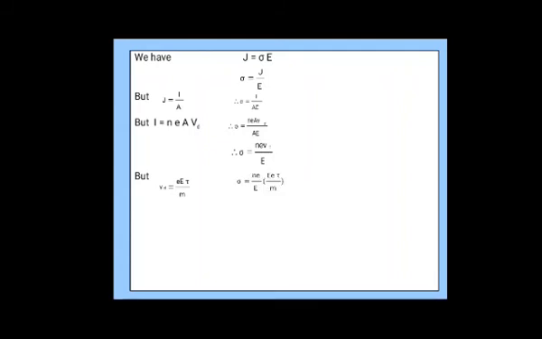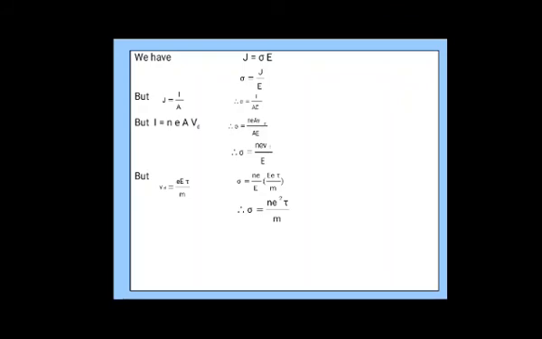So if you substitute, you will get sigma is equal to ne divided by capital E, and instead of Vd you write eE tau divided by m. Here similar terms are there. Let us multiply it and write sigma is equal to ne square tau divided by m. Here capital E gets cancelled.